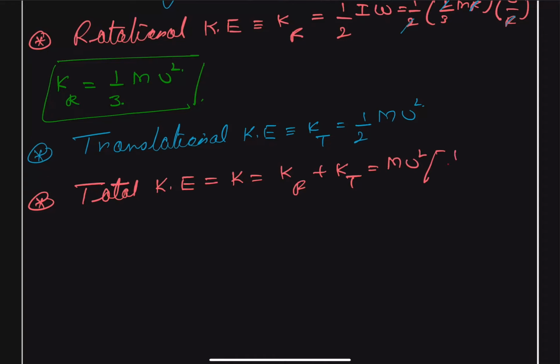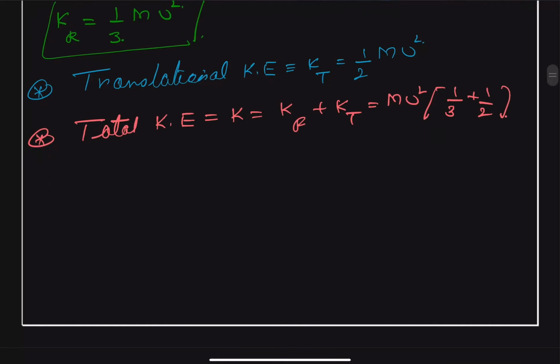Inside we are left with 1 by 3 plus 1 by 2. So we get our total kinetic energy K as 5 by 6 mv square. And we have to find out the ratio between the rotational and total kinetic energy.